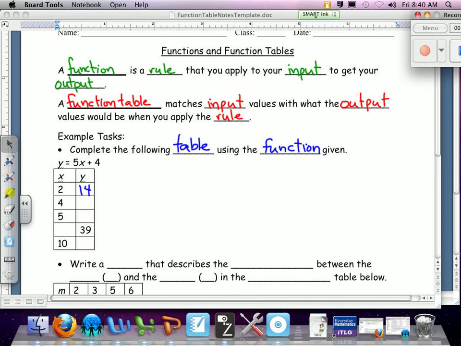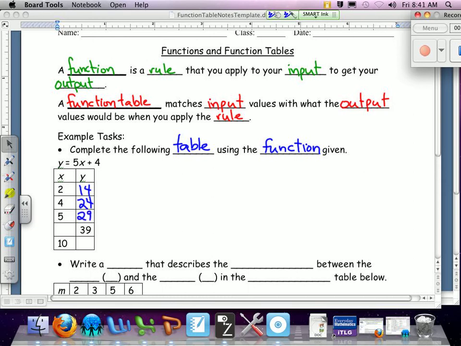So 5 times 4 plus 4. 24. For the next part of the function table, 5 is our input. So to get the y value, I need to do 5 times the 5 plus the 4. 29.